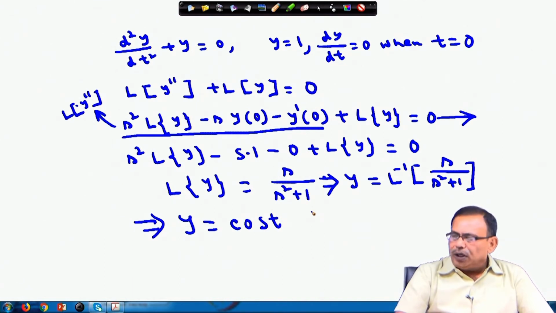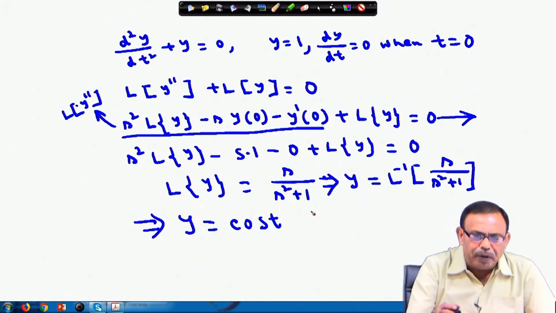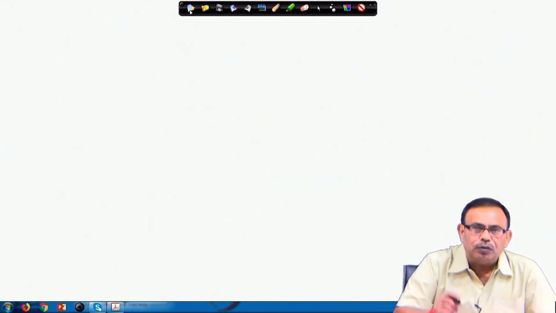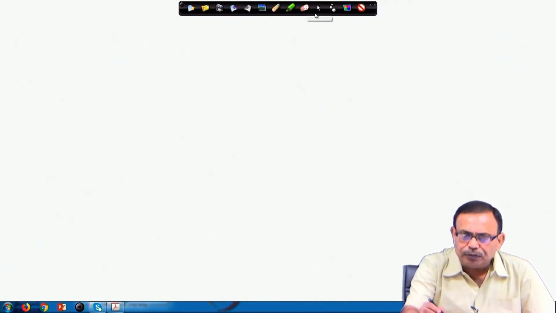Once I do this, I obtain one algebraic equation of the form Laplace transform of y equals some function of s, and from there I can find y equals Laplace inverse of that function of s. By evaluating the Laplace inverse, I can obtain the solution, that is y equals some function of t. So, this is the basic mechanism we use over here.